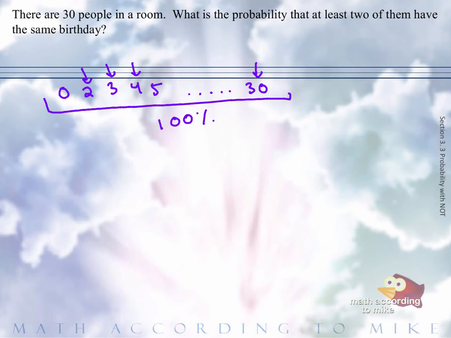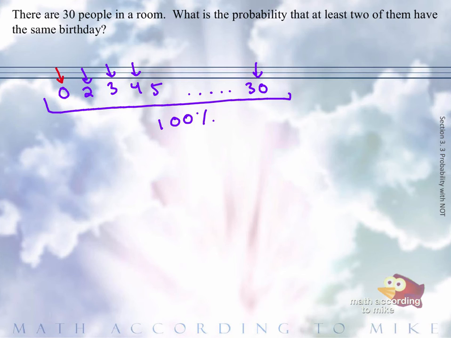Well, notice what wasn't highlighted was 0. So what we can do instead is we can find the probability that no one has the same birthday and subtract it from 100%. So let's find the probability that no 2 people in the room have the same birthday.